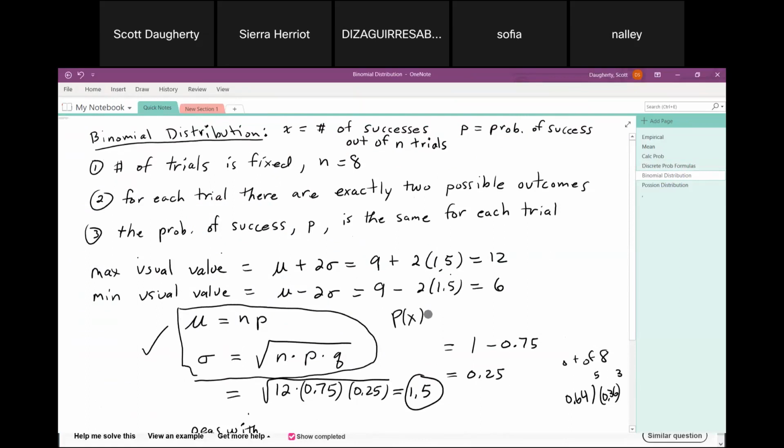And that little probability formula that I wrote down earlier, this formula is only valid if you have a binomial distribution. So just keep that in mind. That's why those 4 conditions are important. You have to satisfy them before you can use any of these 3 formulas, okay?